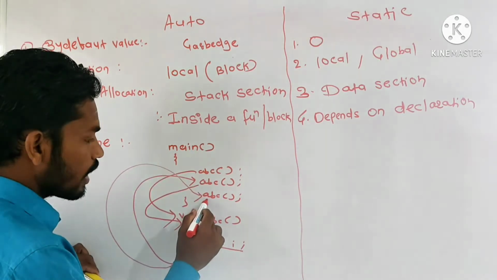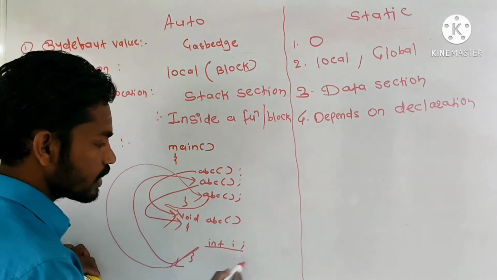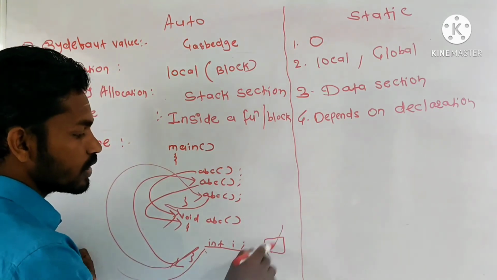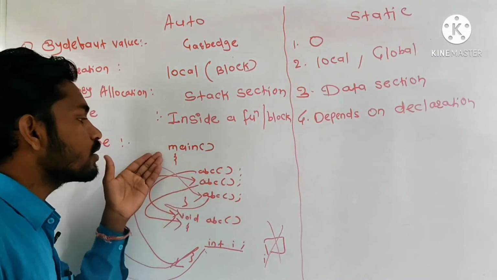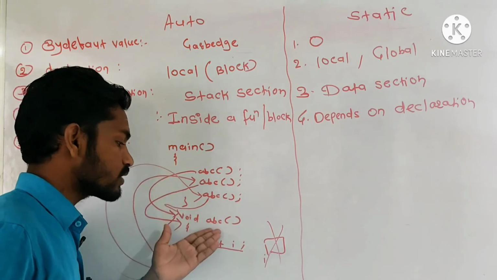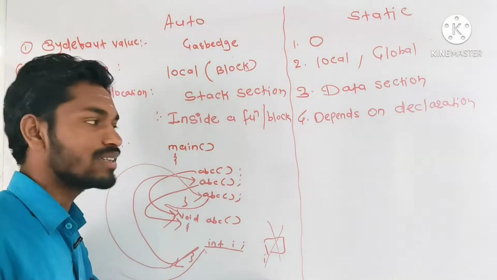When main function calls the ABC function, the life of auto variable will start. Again when control goes outside the function, the life of auto variable will end. Like that, whenever control enters inside a function, the life of auto variable will start. When control goes outside a function, the life of auto variable will end.